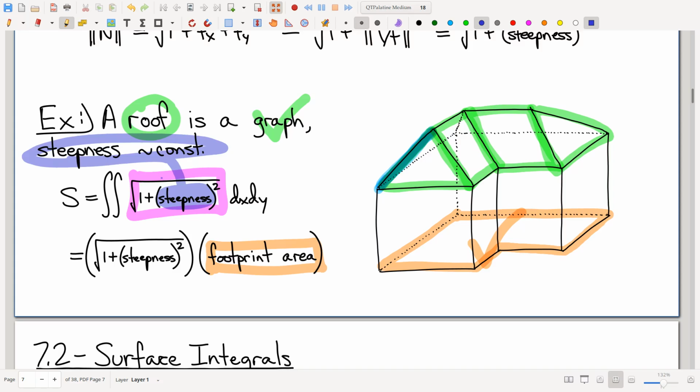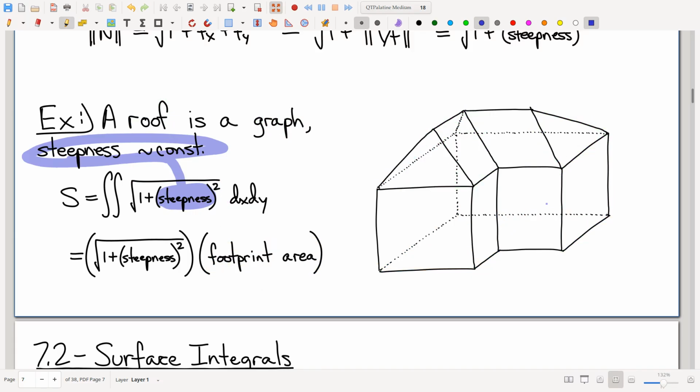So if your steepness is constant, that means your stretching factor is constant. That means your stretching factor will pop right outside of the integral. All you're looking at then is an integral on your pullback space of 1. Namely, your pullback integral is just telling you the area of your footprint, and that area of your footprint is easy. Again, rectangles. Right? So this represents a really, really easy way to compute the area of your roof, and all you need to know is the steepness, and that steepness is actually pretty easy to calculate.